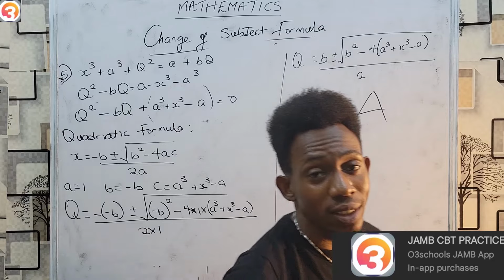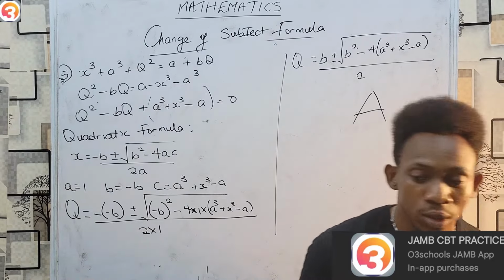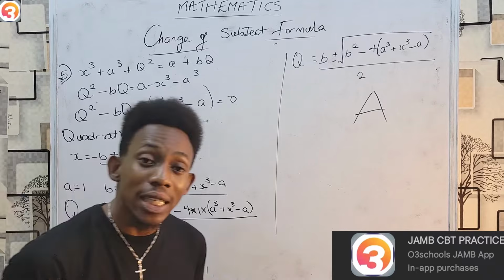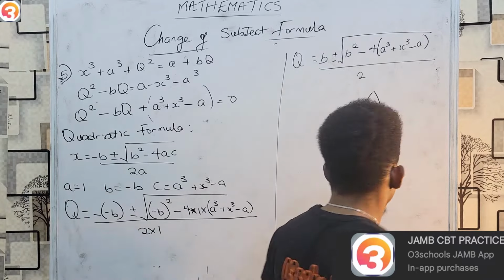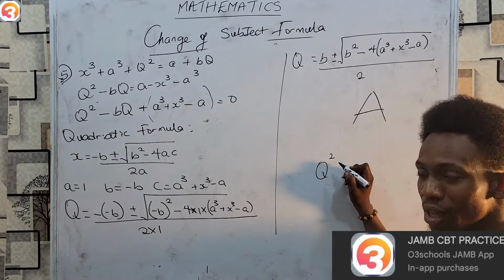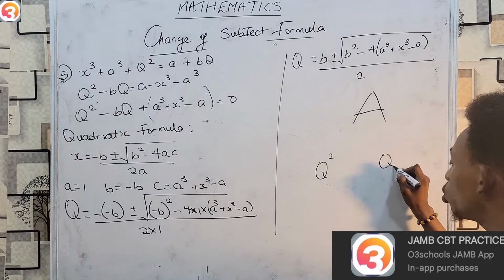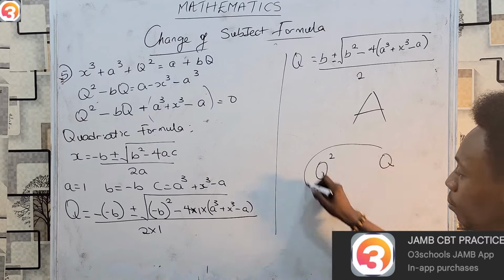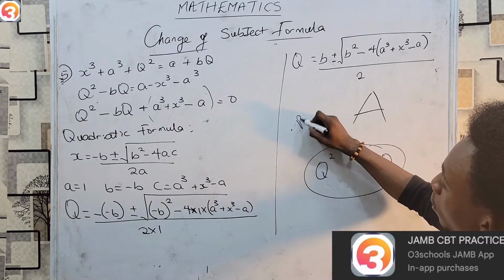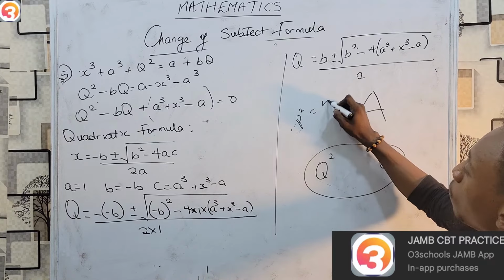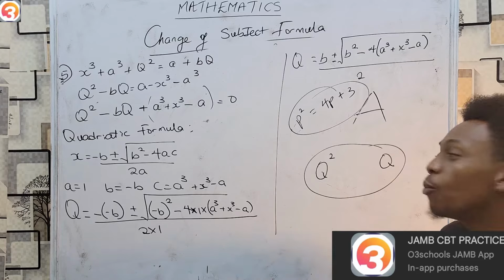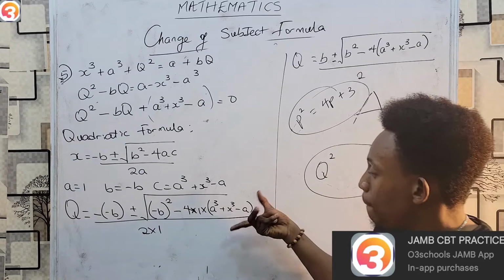All you need to memorize is, if you have any question on that change of subject formula, and in that question, the letter you want to become the subject, you have it there in a particular situation squared, and they also have it there not squared. Even if it's, let's say, p squared equals 4p plus 3, once you have something like this, you must go through this method.